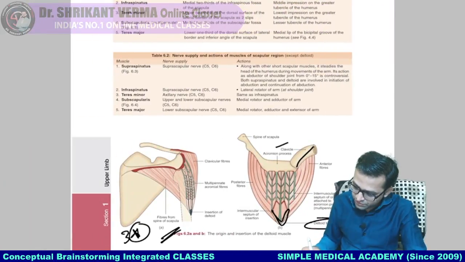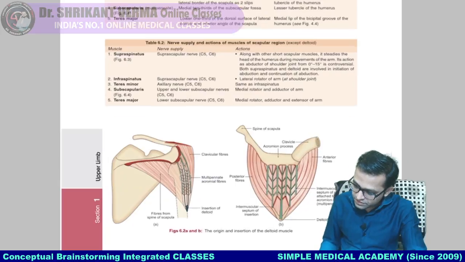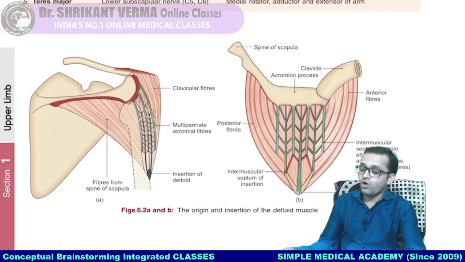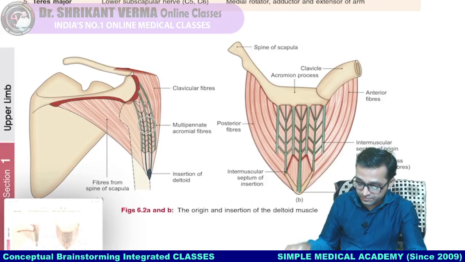For your study purpose, you can look at this diagrammatic presentation and how we will make this diagram easier.